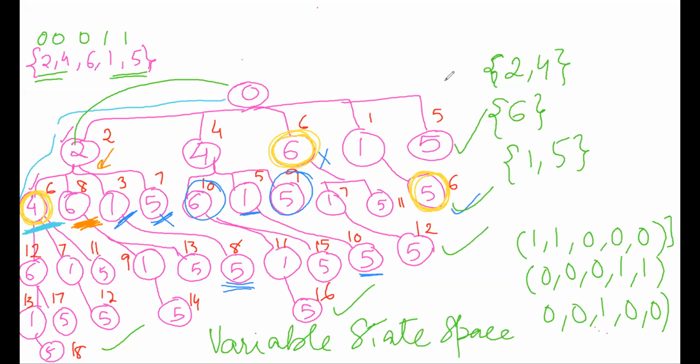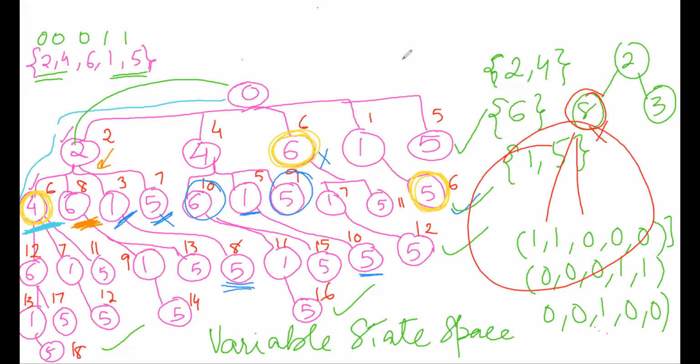Let's say you are here, so you have 2 and you have, let's say, 8 and this 3. This 8 is not promising, so anything below this, it could be a big tree here, you can just prune it off, you don't have to go there. 3 is promising, yes, let's go and explore what comes below it.